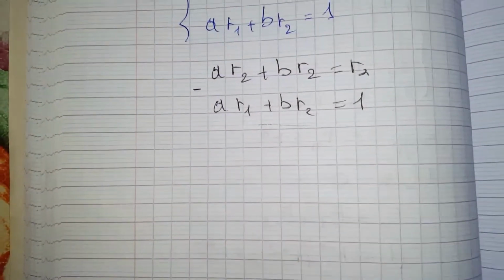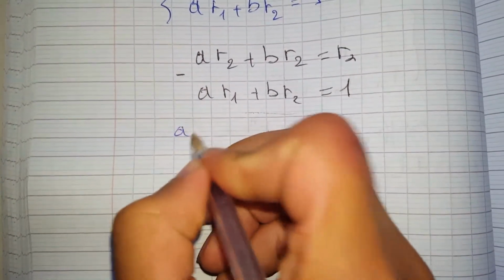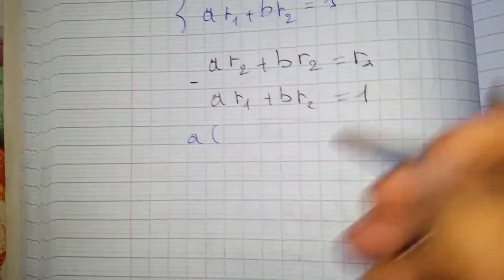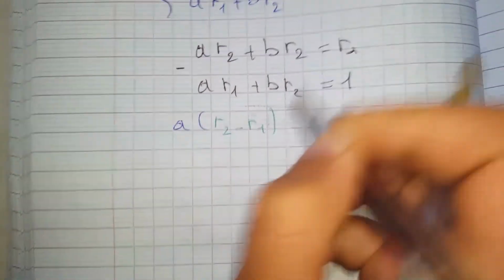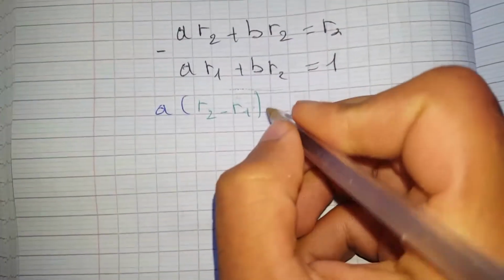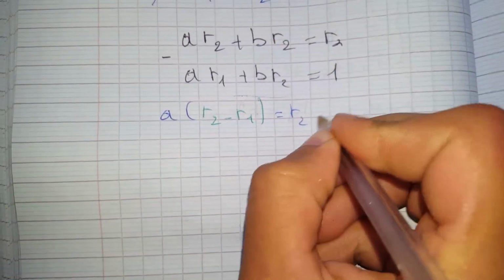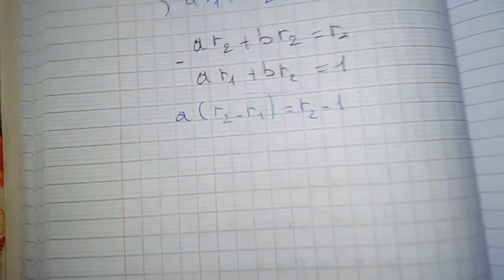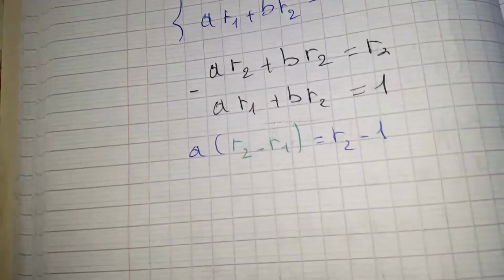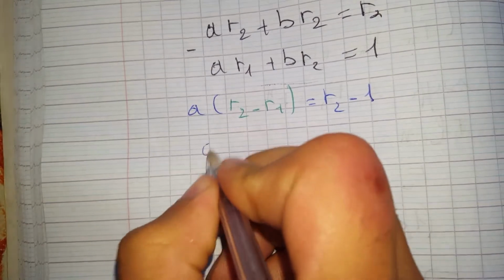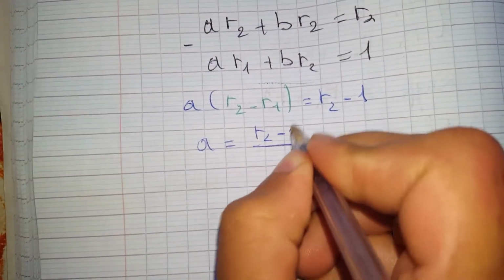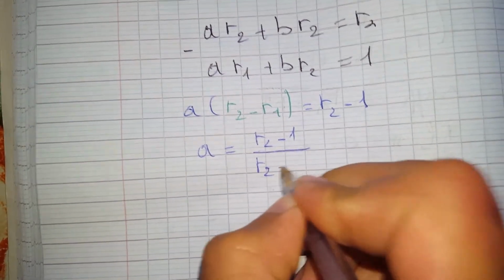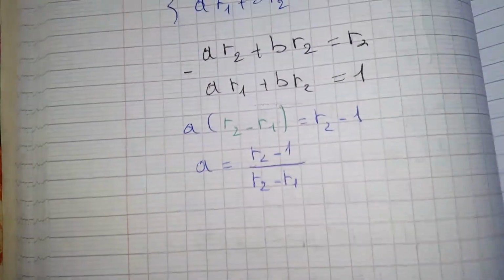It will give me a factor of r1 minus r2, or r2 minus r1, and the b and r2 terms will cancel, so our a is equal to r2 minus 1 over r2 minus r1.